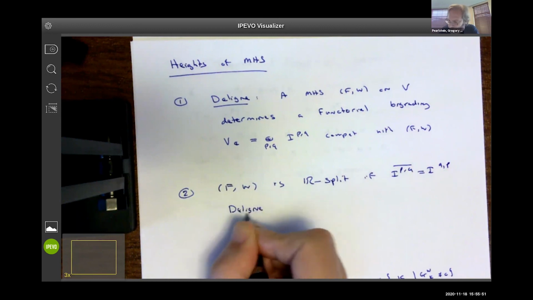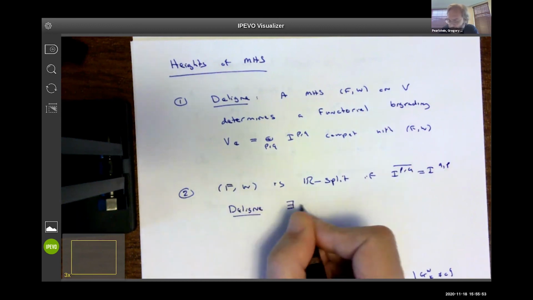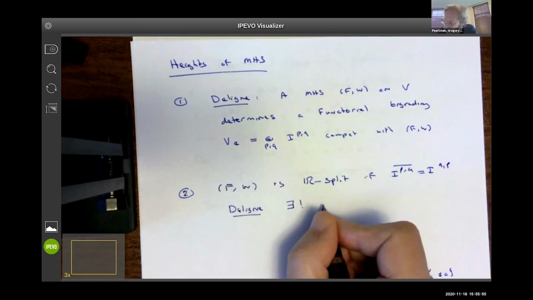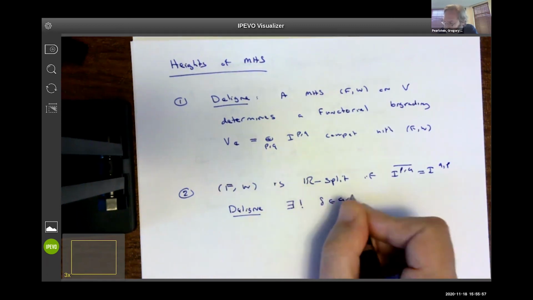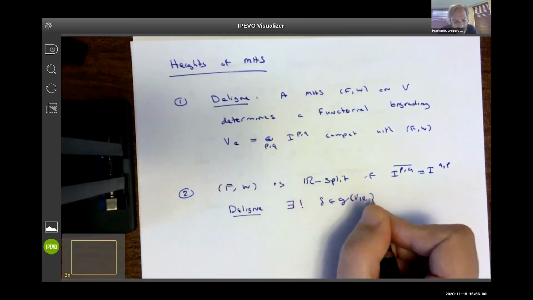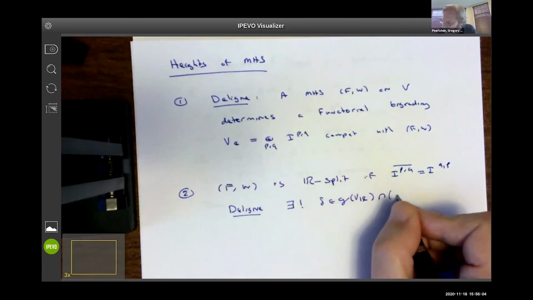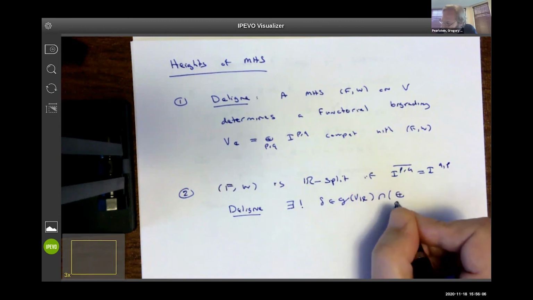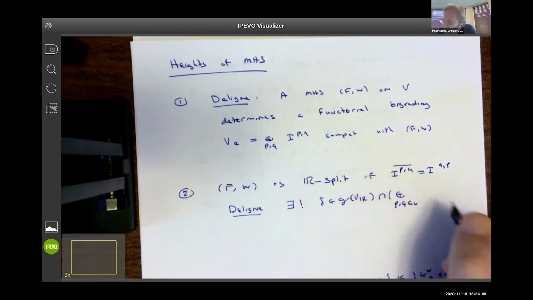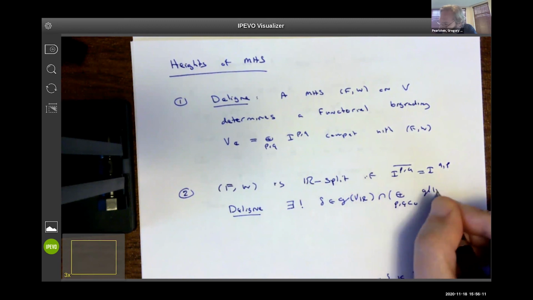Deligne showed that there exists a unique delta in GL(V)_R intersect the direct sum over p and q less than 0 of GL(V)^{p,q}.